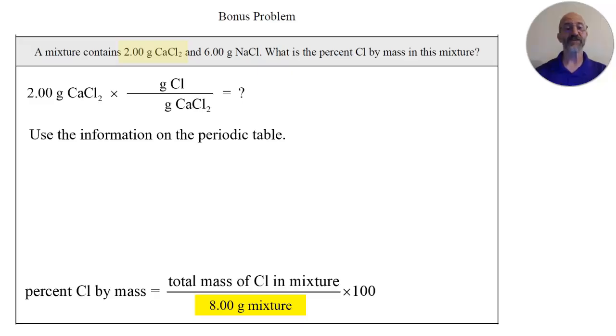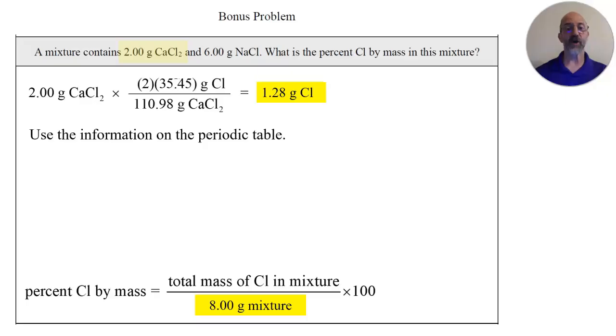So chlorine weighs 35.45, but we have 2 of them in this formula, and the formula mass of calcium chloride is 110.98, as we saw earlier in the problem. So 2 times 35.45 divided by 110.98. That's my conversion factor. So I start with 2 times this ratio, and I get 1.28 grams of chlorine.